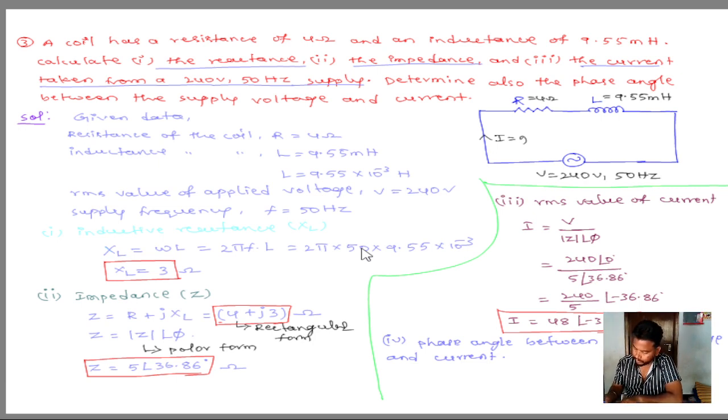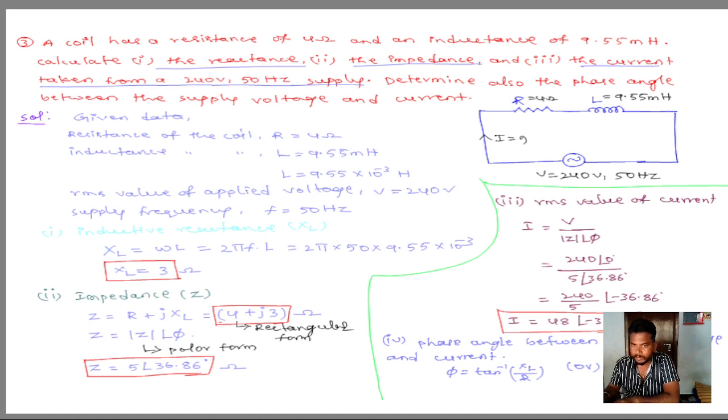Direct, right? Or otherwise use the formula phase angle phi is equal to tan inverse of XL by R, or from the impedance we are calculating the phase angle, or from the current we are considering the phase angle. Phase angle phi is equal to 36.86 degrees.